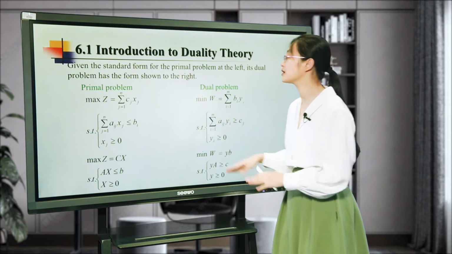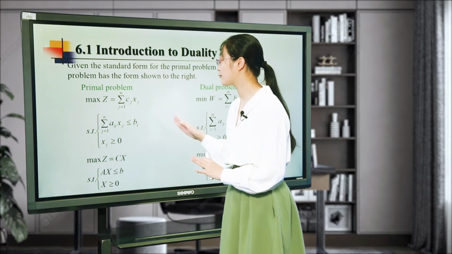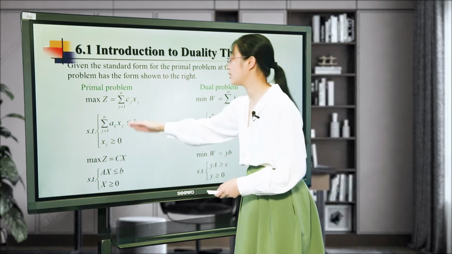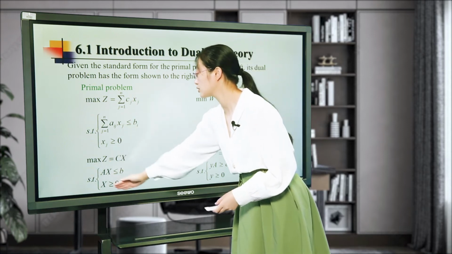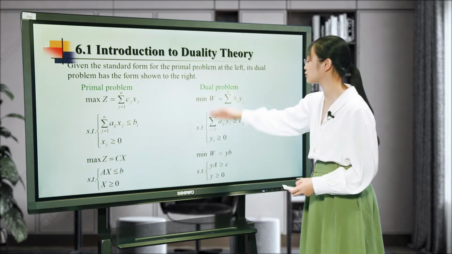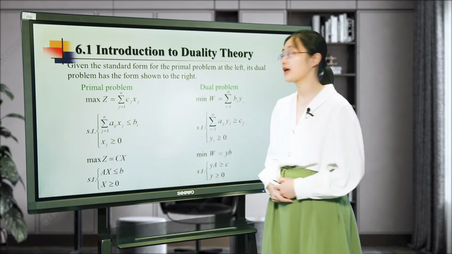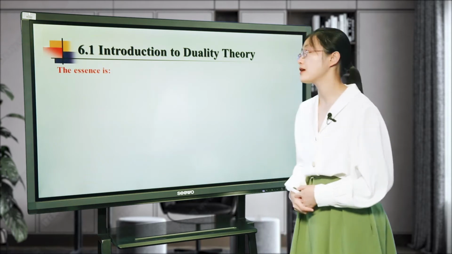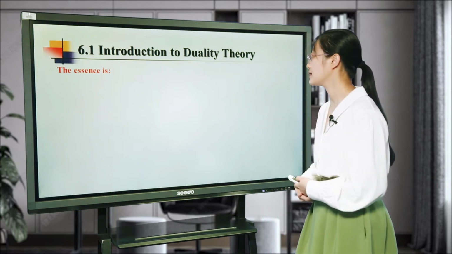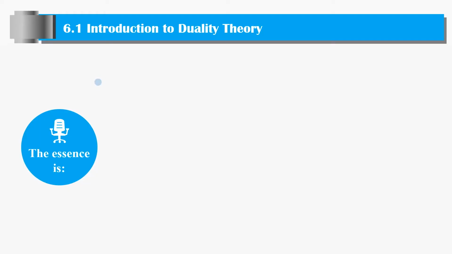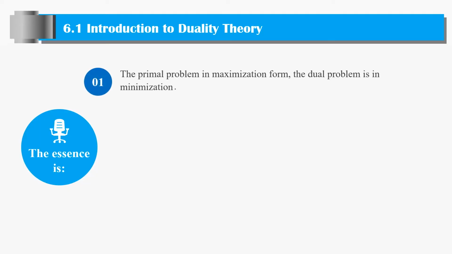These two problems, if we write them in terms of the coefficients or in matrix form, we can find some relations between the coefficient matrices in the dual and the primal problem. From these two expressions, we can see that the essence of the dual problem and the primal problem is that, first, the primal problem is in the maximization form and the dual problem is in the minimization form.